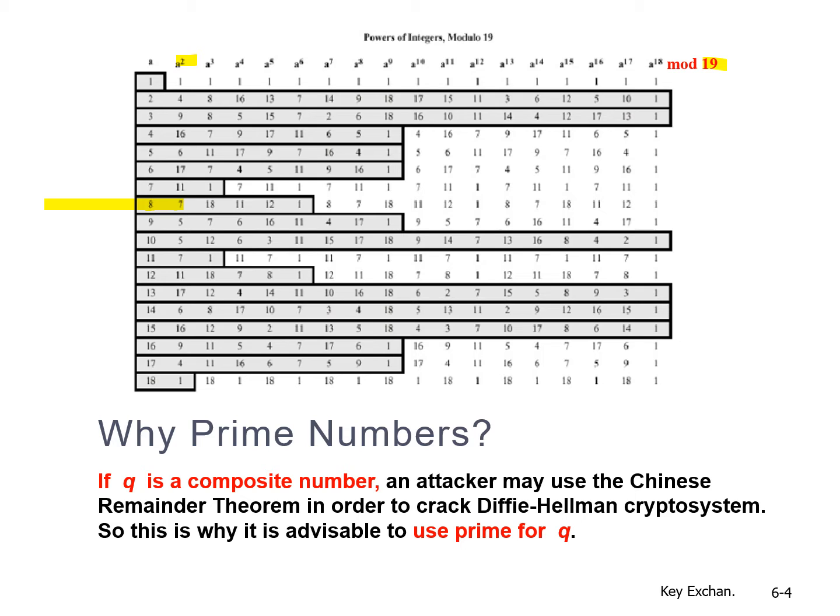Alpha to the power of 3 mod 19 results in 18. Alpha to the power of 4 mod 19 results in 11.